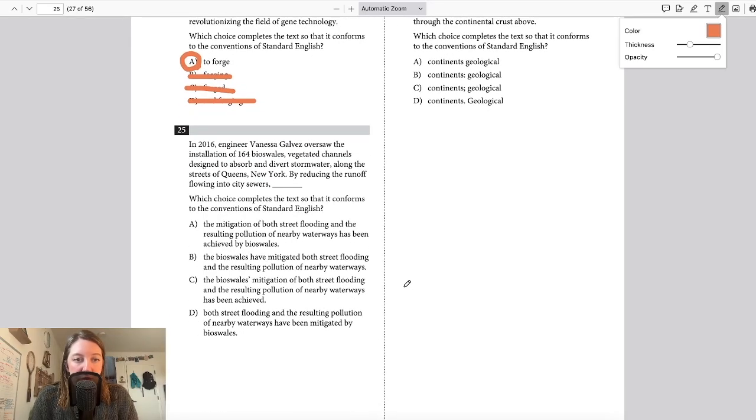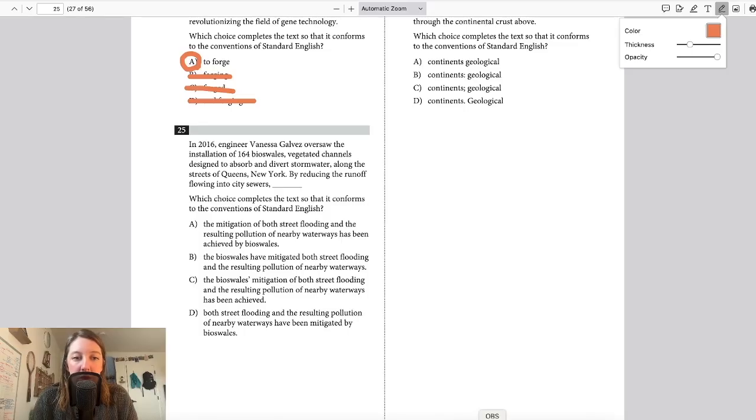Number 25. Another conventions question. So, by reducing the runoff flowing into city sewers, blank. Okay. So, this one is a little bit different, which you can see if you're following along with your eyes and not just listening.